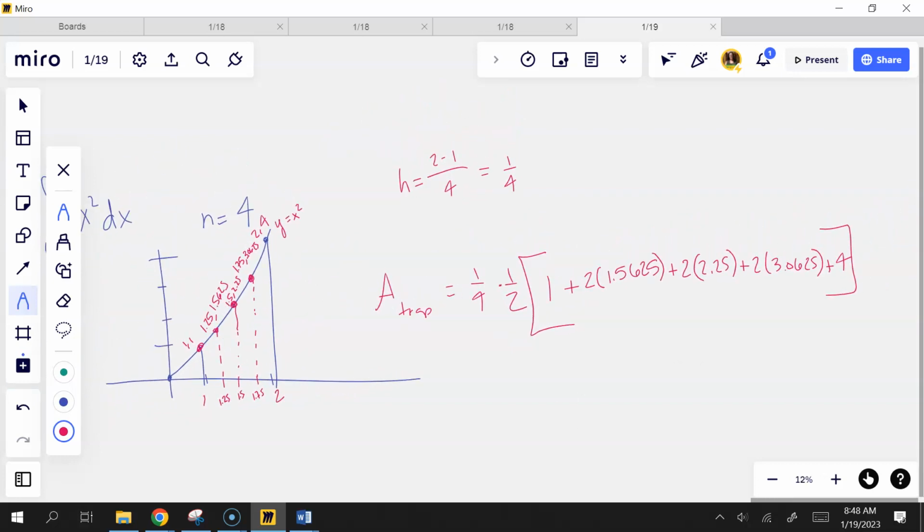You start to catch on to the pattern. I just was wanting y'all to understand why. But h over 2, the endpoints you only get once, and then you double all the ones in the middle. Approximately. I don't know.